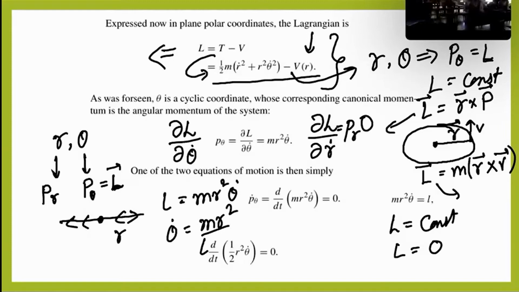So theta dot is equal to L divided by m r squared. This we will be using frequently, but not right now, though it is the most important part here. Since your angular momentum is a constant of motion, this is constant.